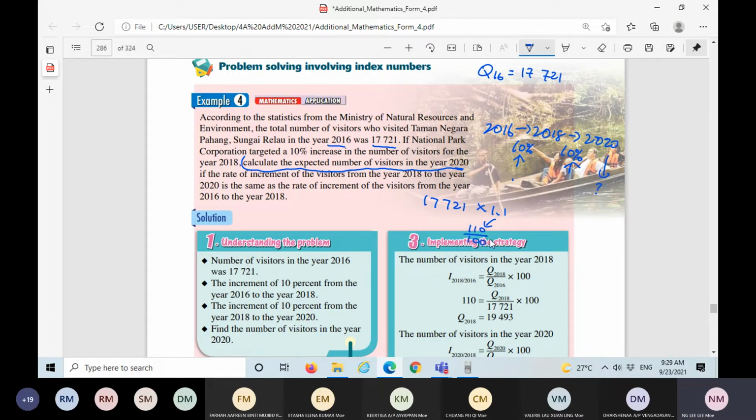The 100 is the original itself, and the 10 is the 10%. So you can shortcut and write 1.1. Let's say it's 5%, then 1.05. Let's say it's 20%, then 1.2. So what do you get?